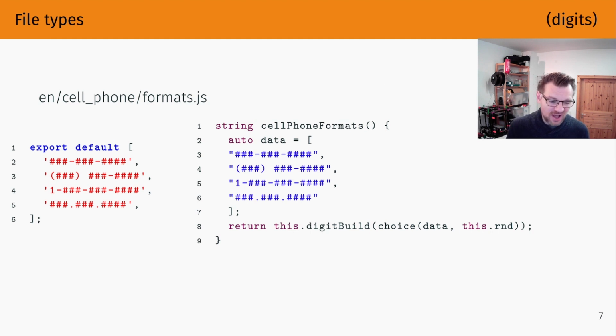Unfortunately, those aren't all the file formats that I found. Another one is basically this style, where every hash mark in a string needs to be replaced with digits. So you can probably think how that goes.